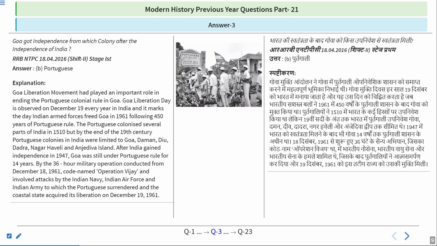A 36-hour military operation from December 18, 1961, codenamed Operation Vijay, involved attacks by the Indian Navy, Indian Air Force, and Indian Army, to which the Portuguese surrendered, and the coastal state acquired its liberation on December 19, 1961. So from which colonial power did Goa get independence after the independence of India? That was basically the Portuguese.